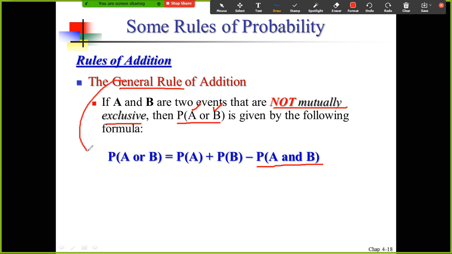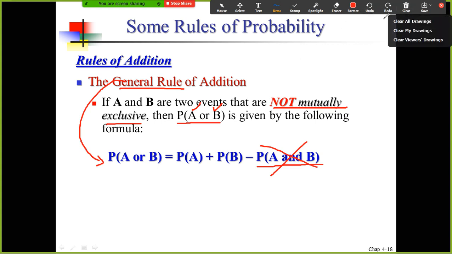So the special rule is different from the general rule. For the special rule, A and B are mutually exclusive. That's why we don't have this part. For the special rule of addition, A and B are mutually exclusive, so we don't have A and B happening at the same time.